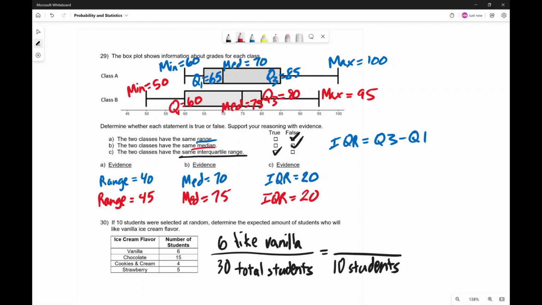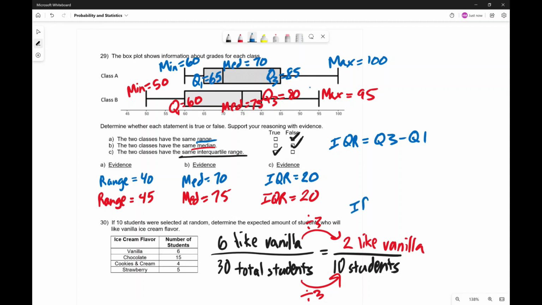So we can figure it out by doing some proportional relationship. 30 becomes 10 by dividing by 3. And we do the same thing in the numerator. 6 divided by 3 will give us our 2 students. Well, 2 students liking vanilla. So if we write a sentence, we will say something along these lines.